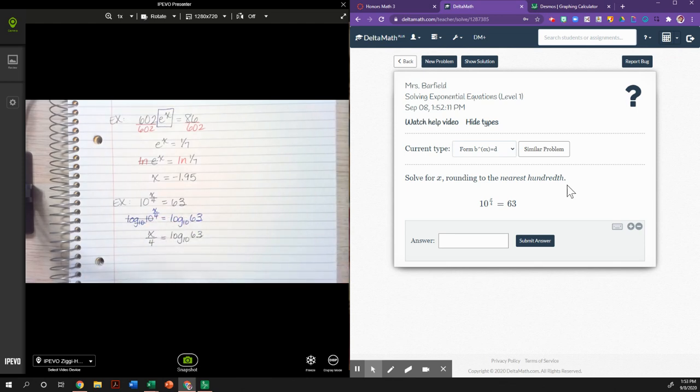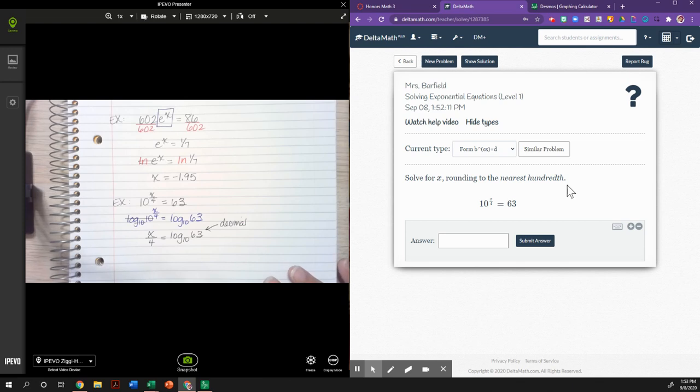Now this is just my personal preference. If I want x by itself, I need to multiply both sides by 4. I'm going to leave it as the log base 10 of 63 because right now this is a decimal and I don't want to round while I'm working on the problem.